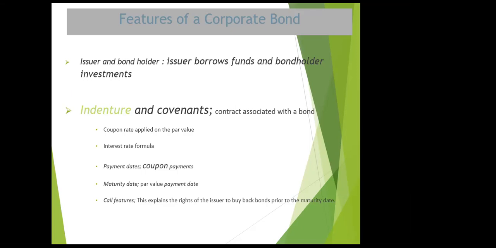So the goodness with the debt security, everything is tabled for both the issuer and also the person buying the bond to know what they're getting into. Okay, that is the goodness of this arrangement. So everything is laid down on the table.